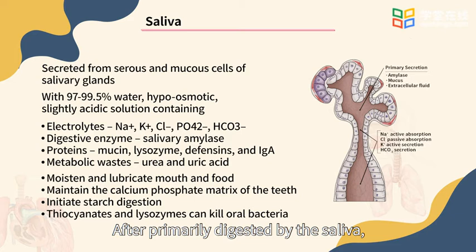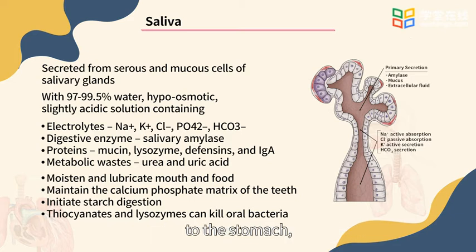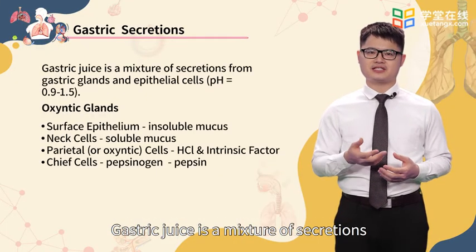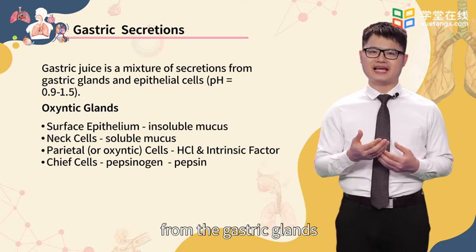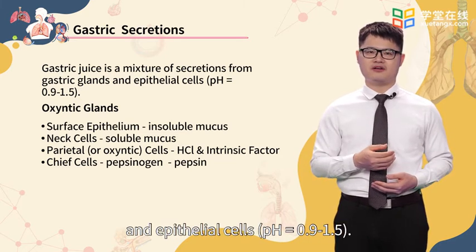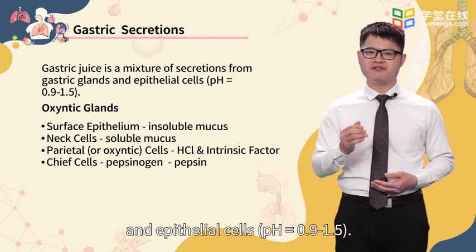After primary digestion by the saliva, the food is then passed down to the stomach, where the food is further digested by the gastric secretion. Gastric juice is a mixture of secretions from the gastric glands and epithelial cells with a pH of 0.9 to 1.5.